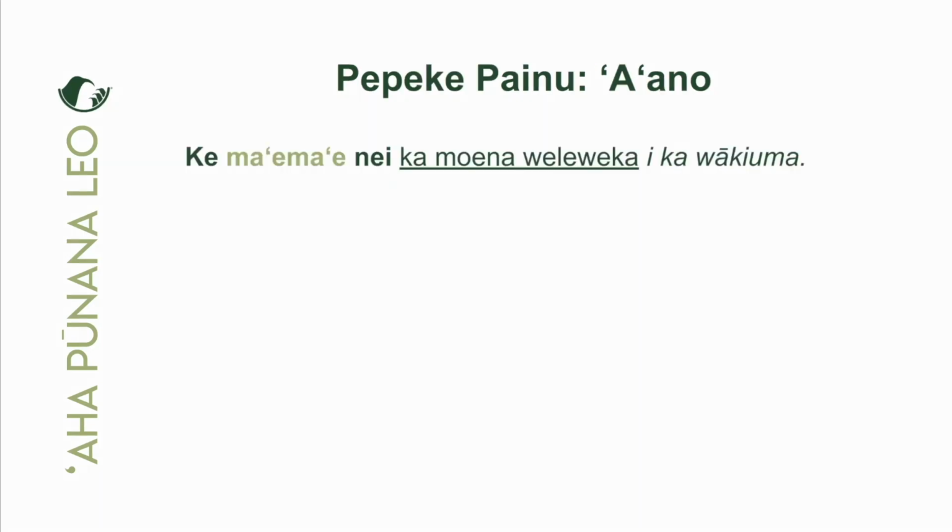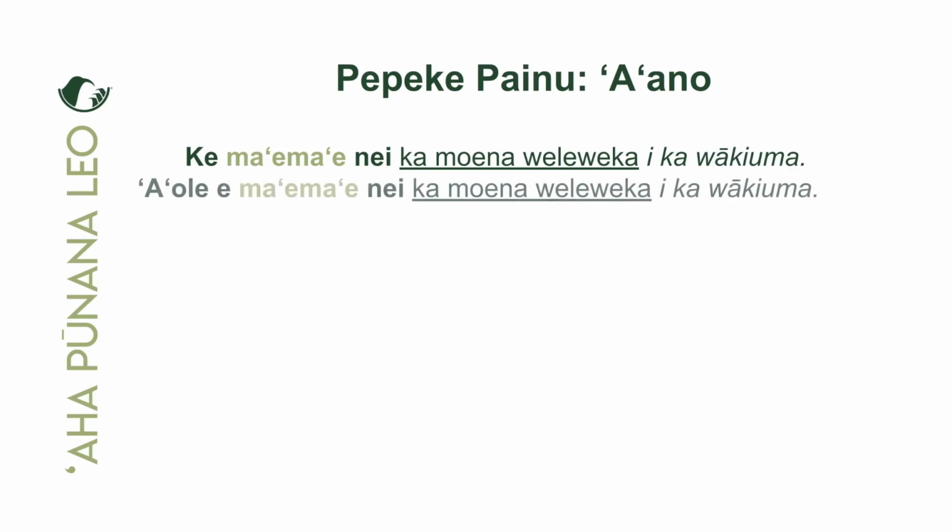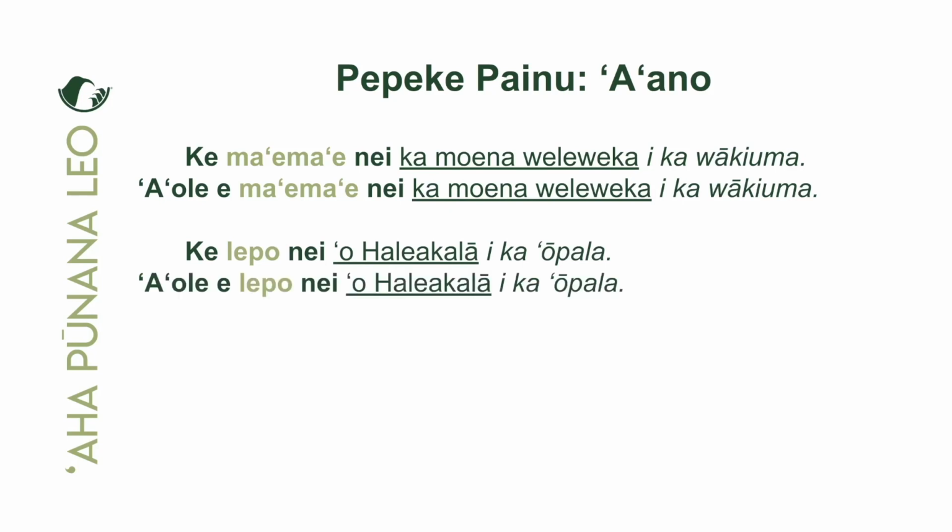In Hawaiian we say, ke maʻemaʻe nei ka moena welewela i ka vacuum. ʻAʻole e maʻemaʻe nei ka moena welewela i ka vacuum. Maikaʻi, hoʻomau aku. Ke lepo nei o Haleakalā i ka ʻōpala. ʻAʻole e lepo nei o Haleakalā i ka ʻōpala.